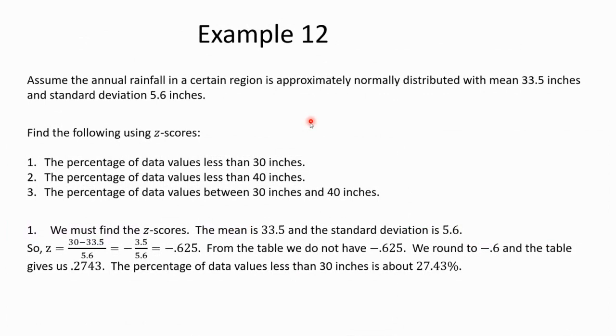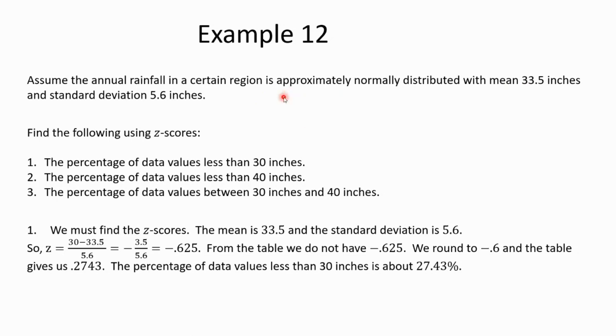So here's another example, something I got from the textbook. The annual rainfall in a certain region is approximately normally distributed, with a mean of 33.5 inches and a standard deviation of 5.6 inches.